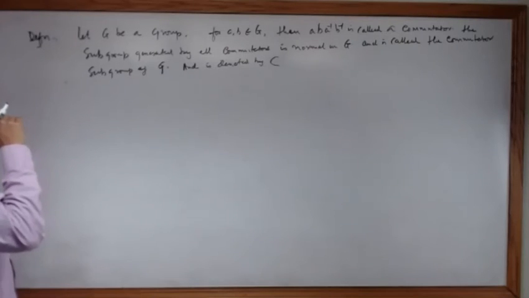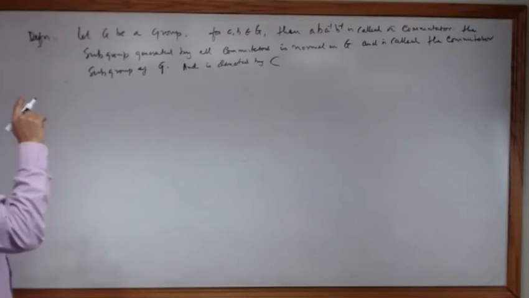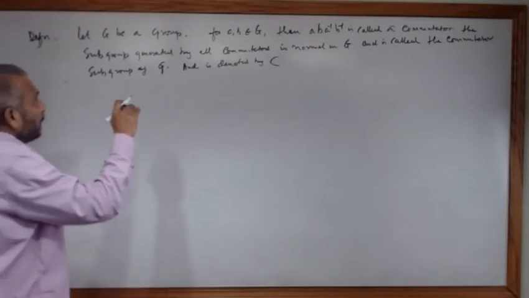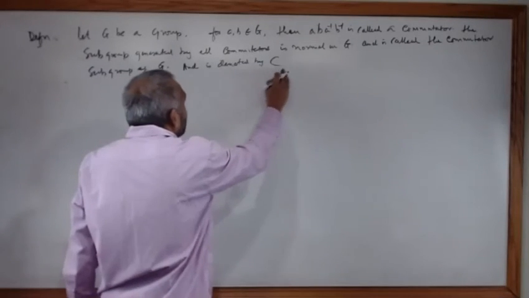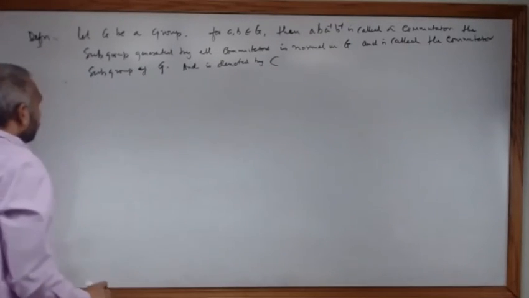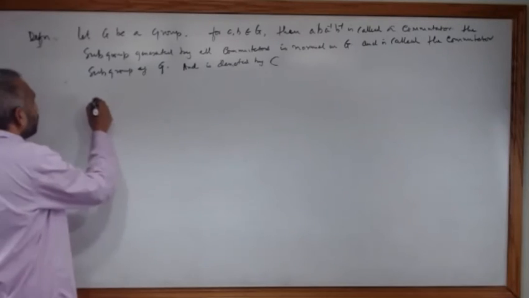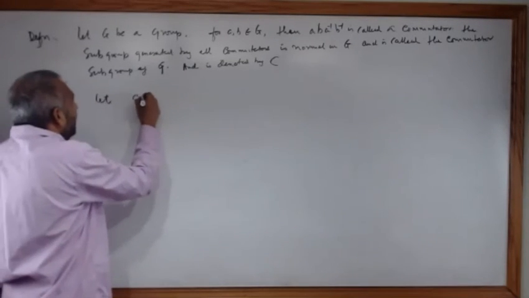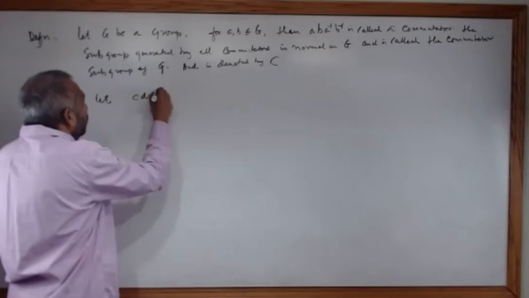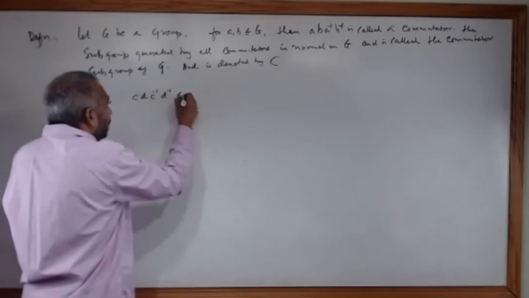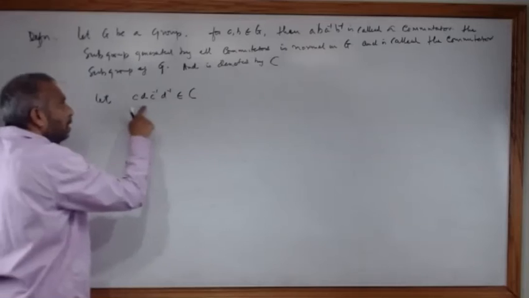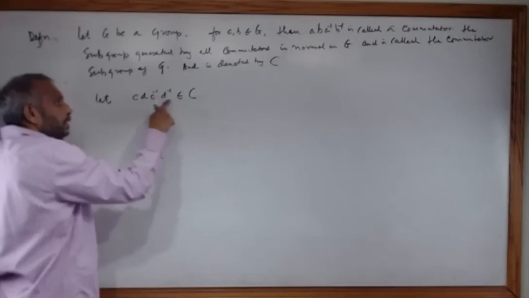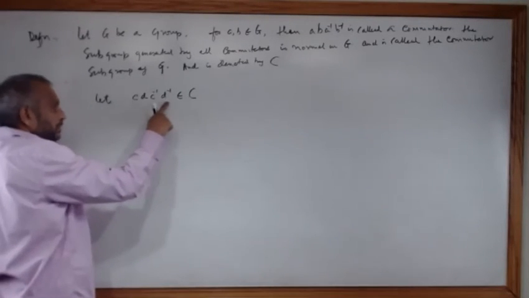Now what we need to prove is that C is a normal subgroup. So for that, let C D C inverse D inverse belong to C. This is how an element of C looks, or a product of these.